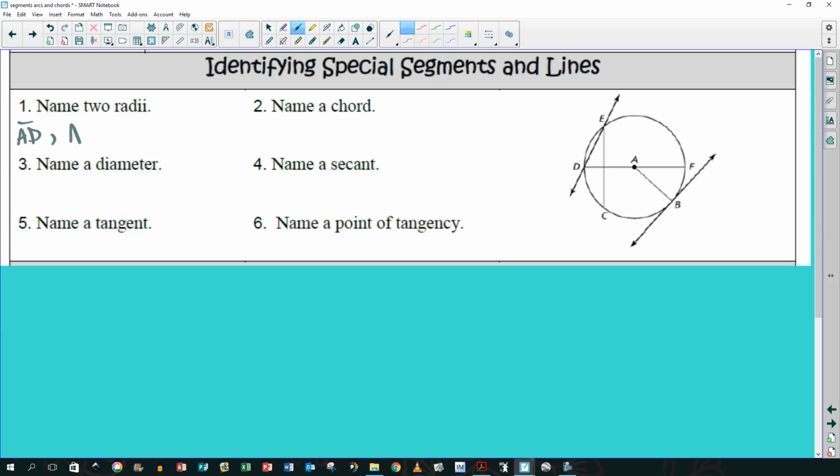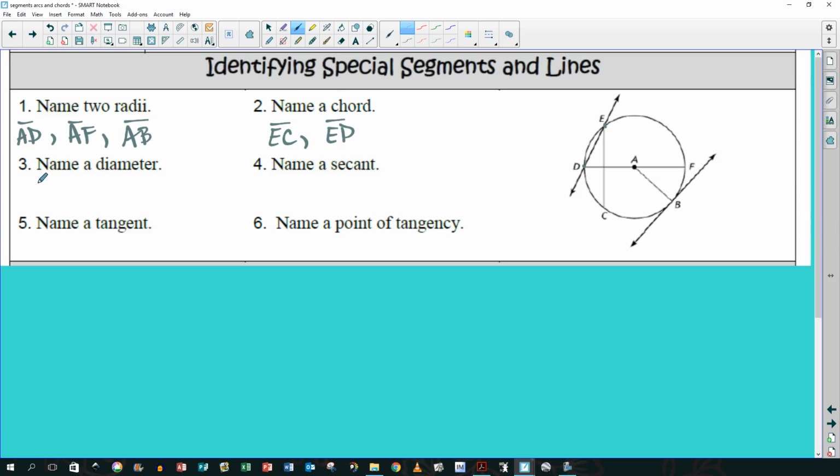AF would be a radius. AB is also a radius. So even though it said to name 2, there's all of them. A chord would be EC. EC is a chord. And ED. So ED is also a chord. Remember, it just needs 2 endpoints on the circumference.